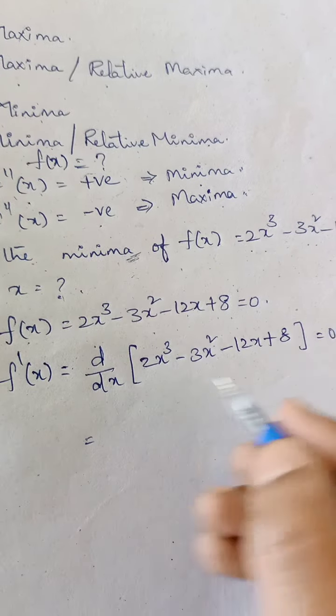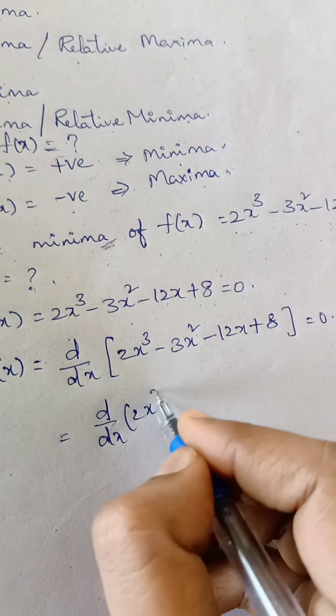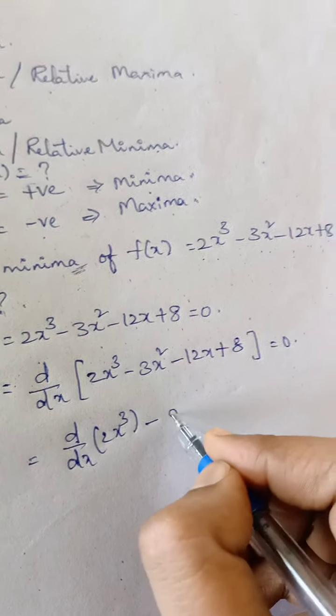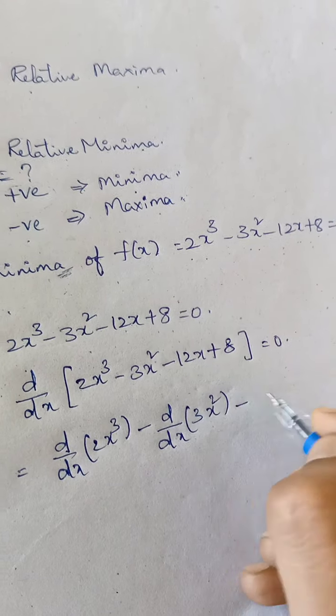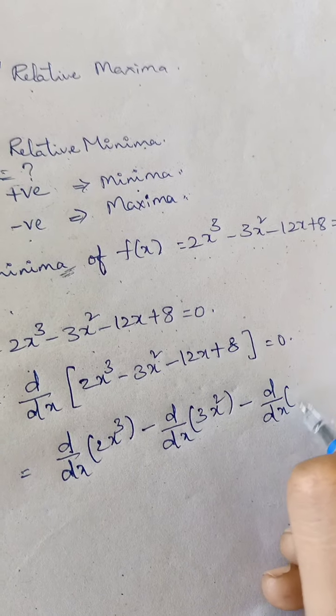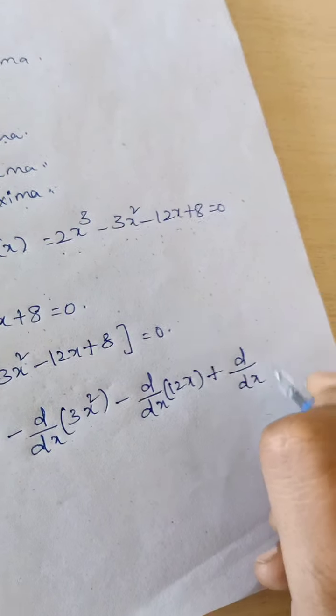Next apply the derivative separately: d by dx of 2x cube minus d by dx of 3x square minus d by dx of 12x plus d by dx of 8.